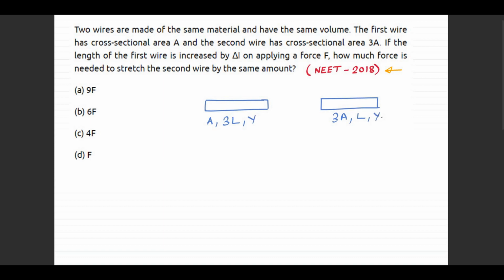The first one is under the action of force F, and the second one is under the action of force F dash. I want elongation to be same for both of them, right?